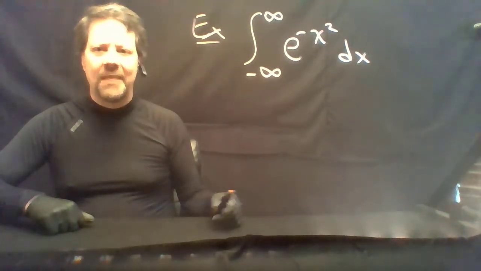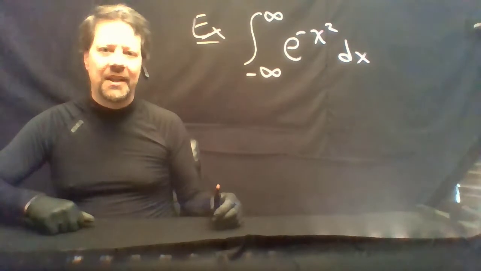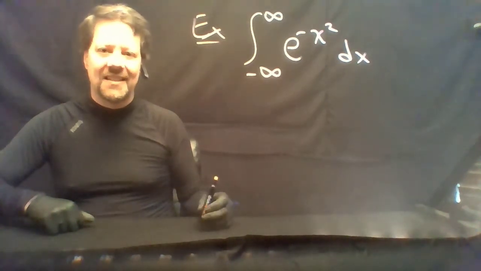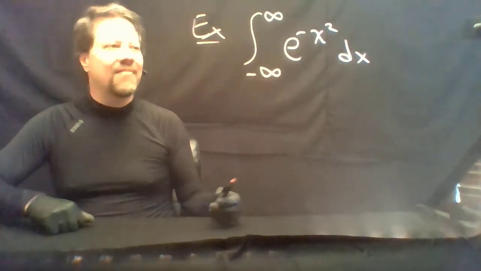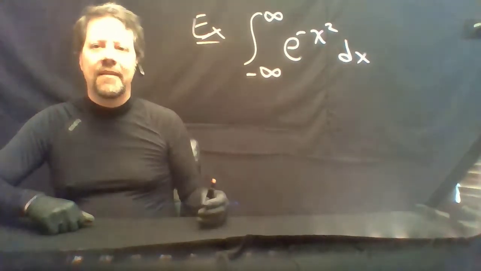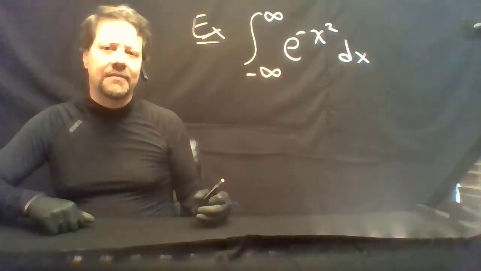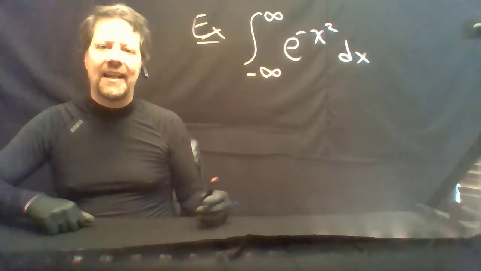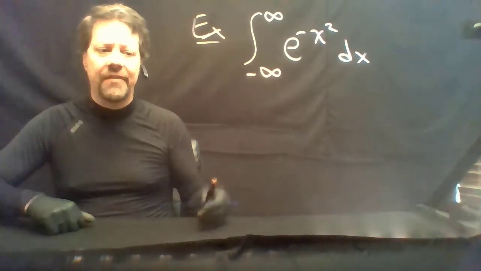The other thing that can make an integral improper is if you're integrating over a region that contains a discontinuity for the function. In this case, we have an additional complication. In particular, the integrand has no elementary antiderivative.